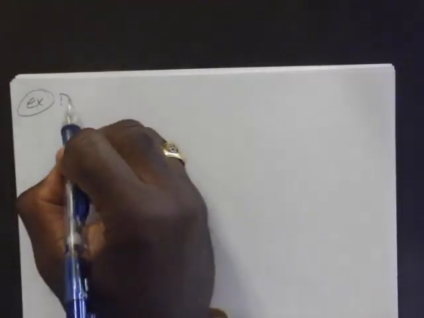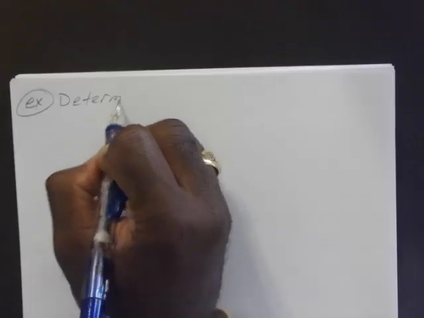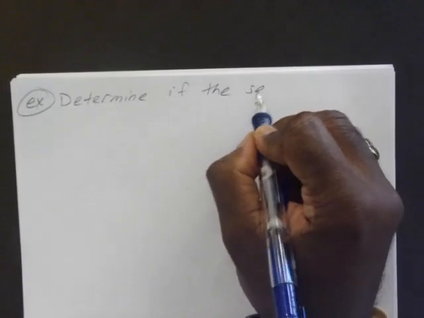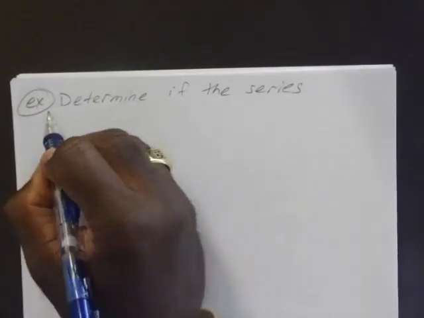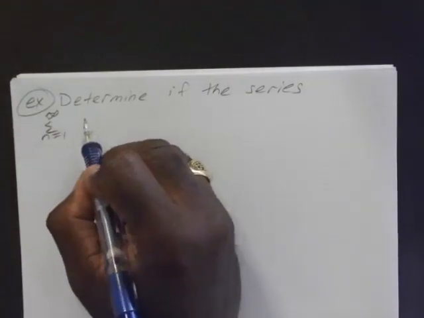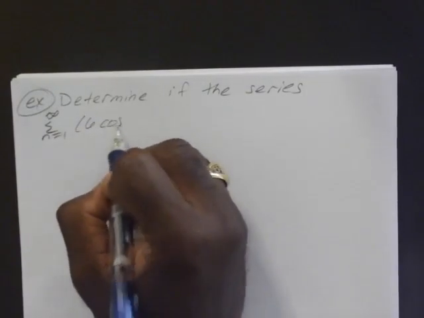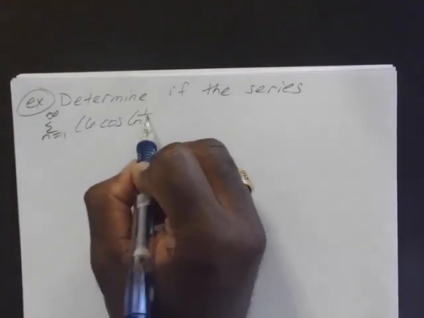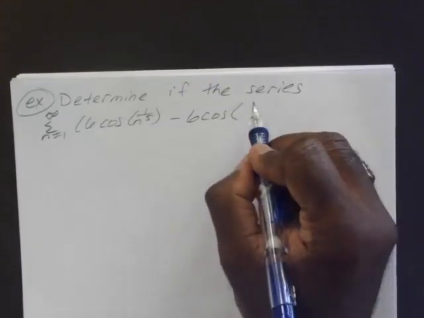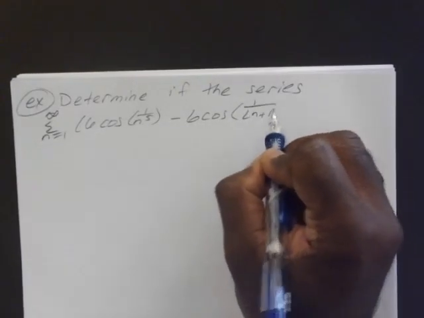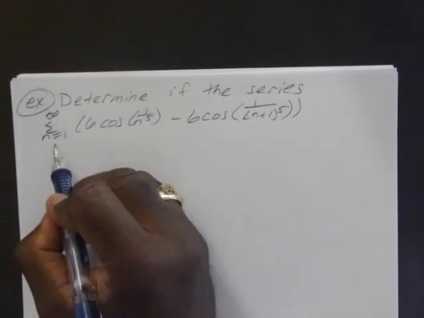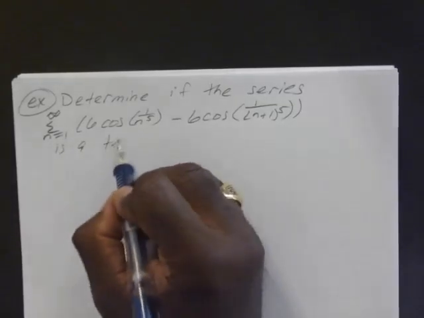Okay, so what if we wanted to determine if the series, the sum from n equals 1 to infinity of 6 times cosine of 1 over n to the 5th power minus 6 times cosine of 1 over n plus 1 to the 5th power, is a telescoping series.